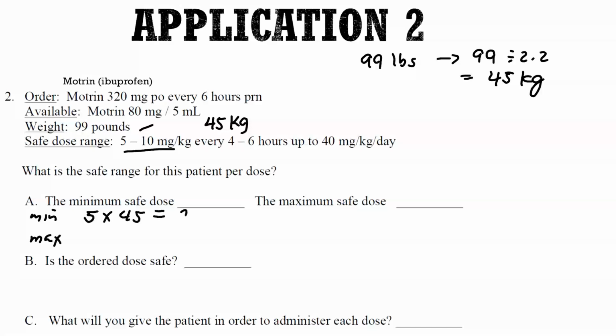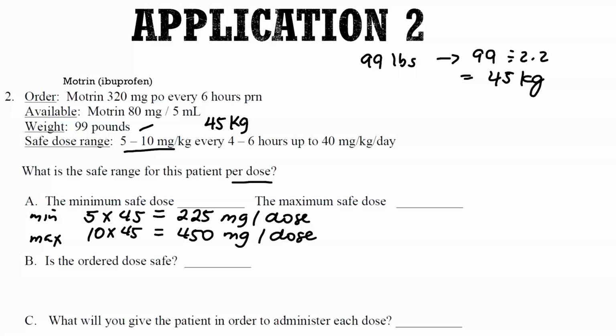So for the minimum and maximum, we have to multiply 5 times the weight, which is 45, equals 225 milligrams per dose. Next, the maximum, we get 10 times 45, then we have 450 milligrams per dose.